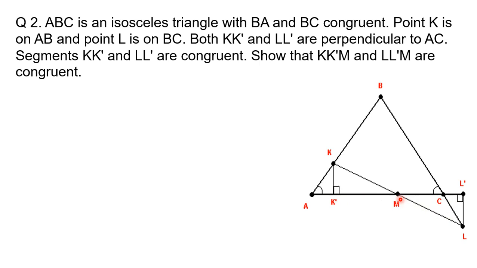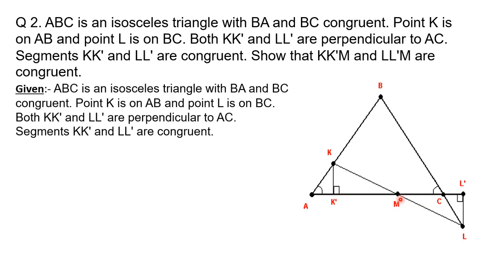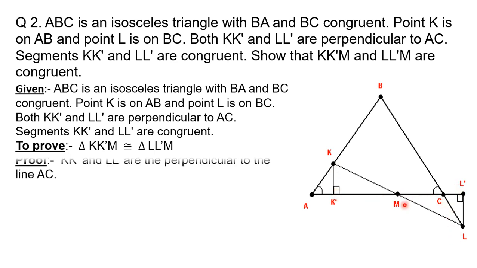So by this figure, we have triangle ABC as an isosceles triangle. KK' and LL' are perpendicular to the side AC and are the perpendiculars which are equal. Now we have to prove that triangle KK'M and triangle LL'M are congruent. So let's start the proof.